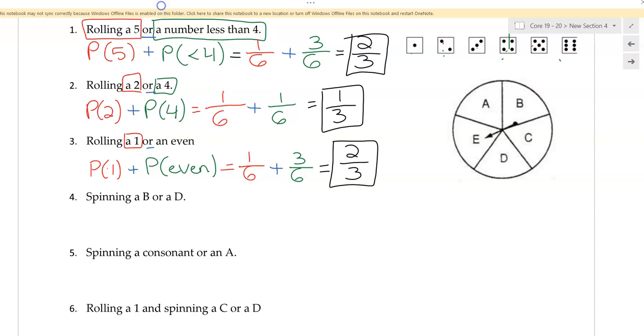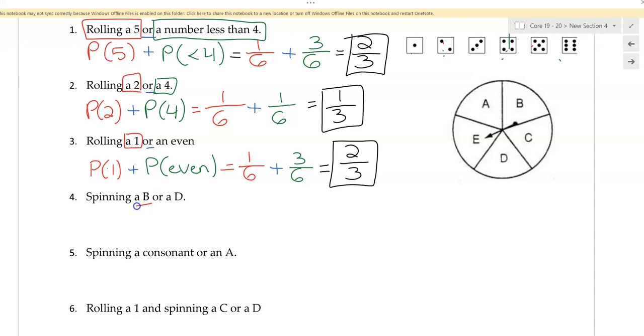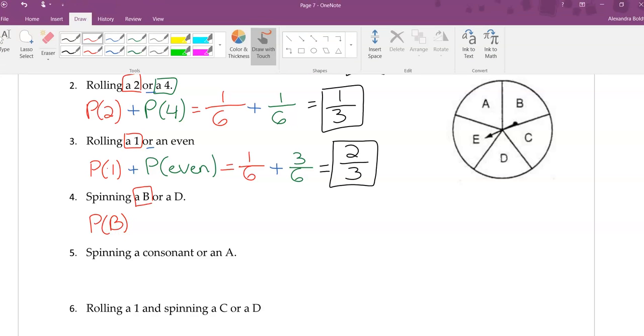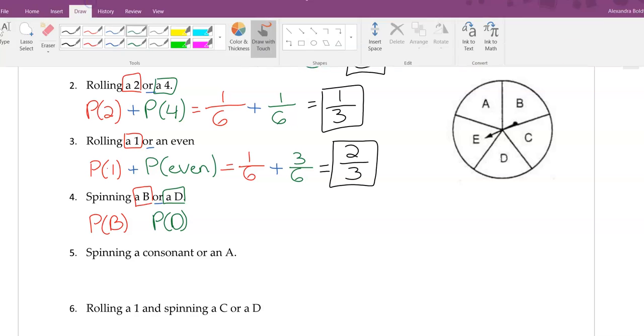For number 4, spinning a B or a D. So again, I'm going to do the probability of B or, and I've got my plus sign.